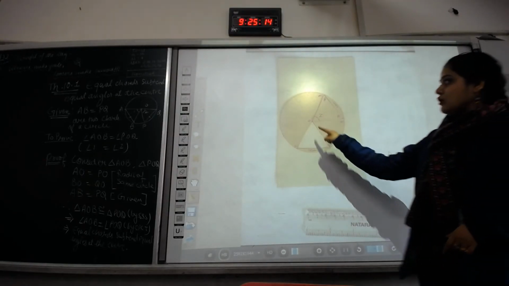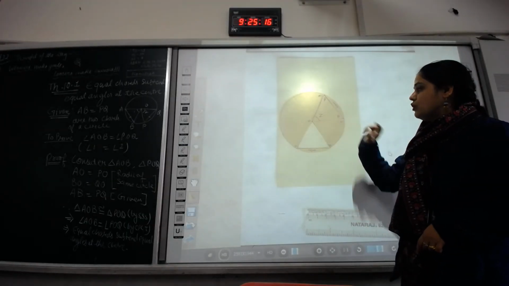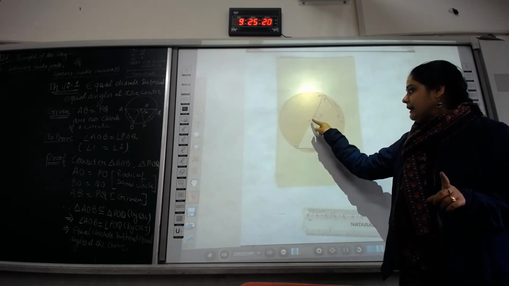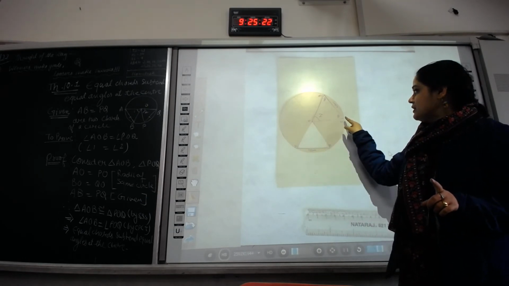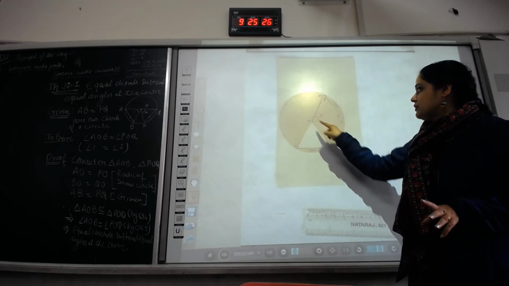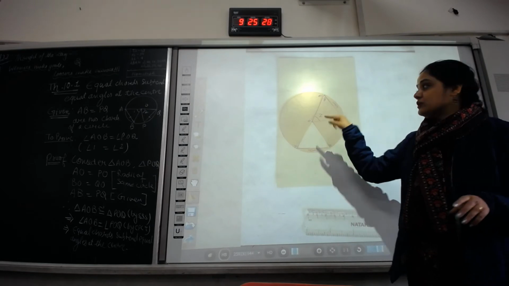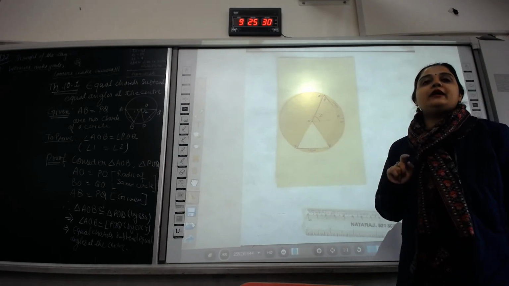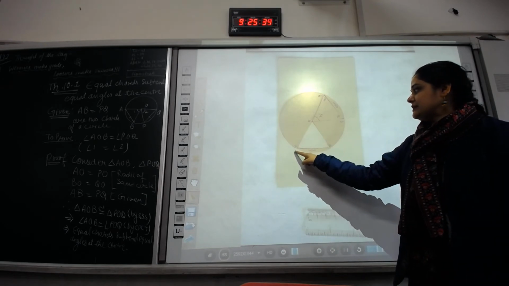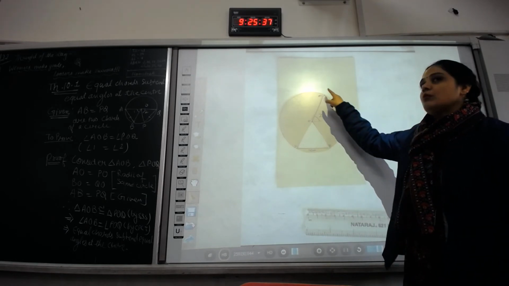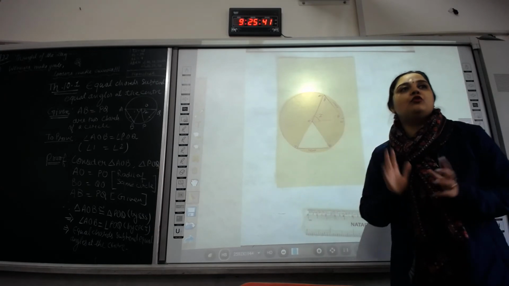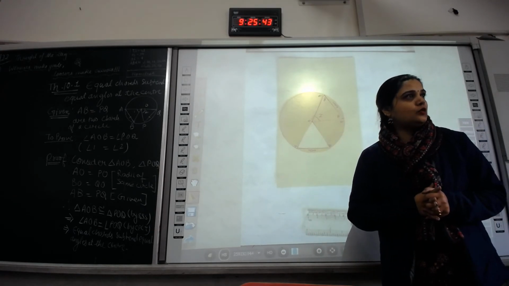Why? Because now you know that OA is equal to OP, radii of same circle, angle AOB, that is angle 1, is equal to angle POQ, that is given to you, and then OB is equal to OQ. So these two triangles will be congruent by SAS. Hence by CPCT, AB will be equal to PQ. So with the same activity, we are verifying both the theorems. Is it clear to everyone?